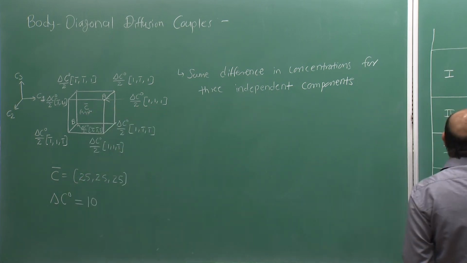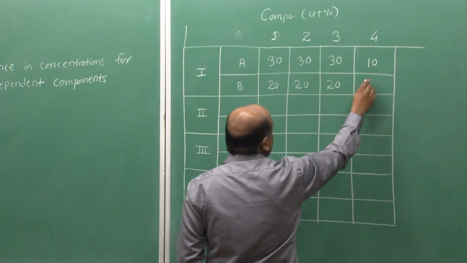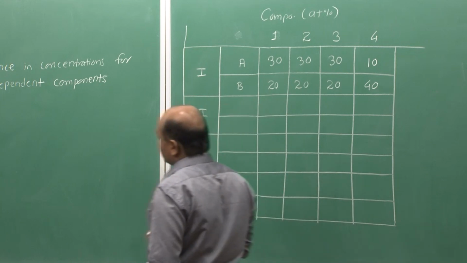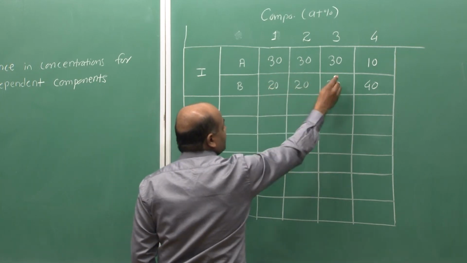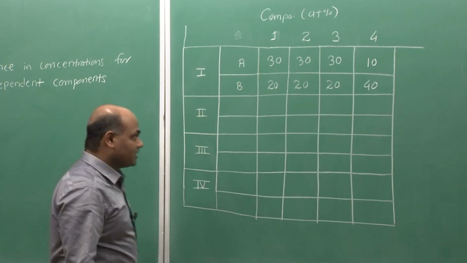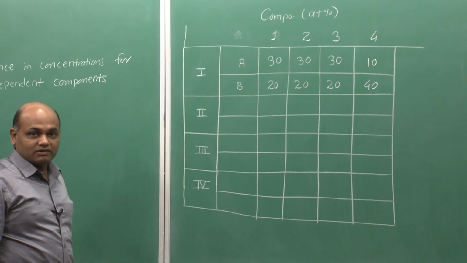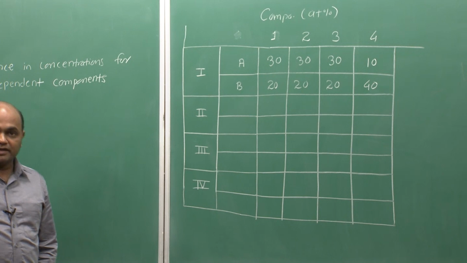So, it will be 20 20 20, component 4 will be 40. So, we can see the difference is 10 10 10 for all 3 independent components. The fourth one is different because it has to make up for the total atom percent to be 100%.